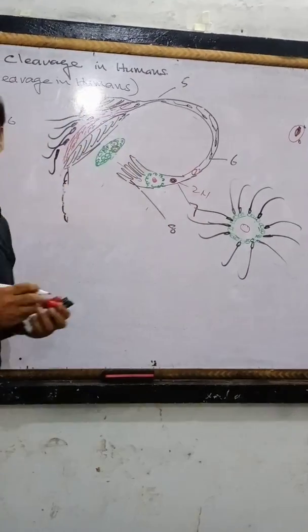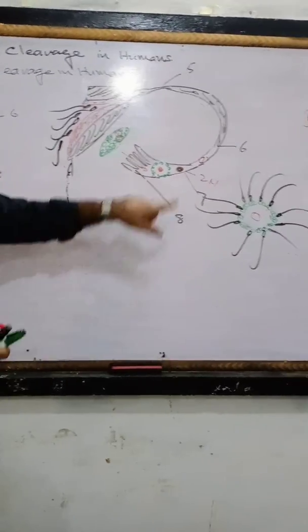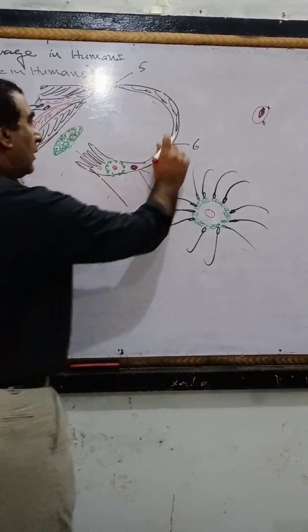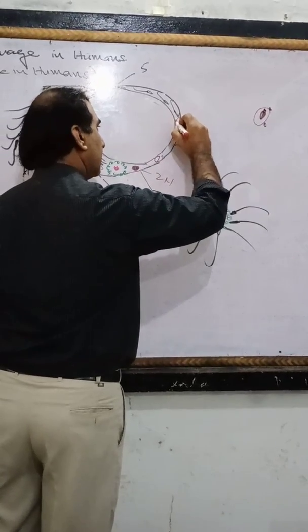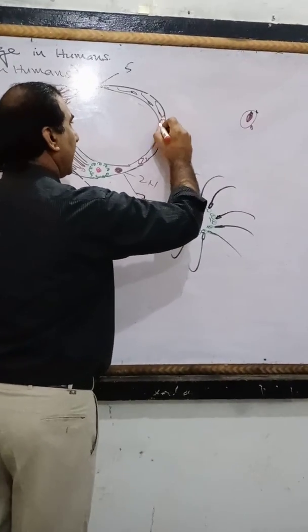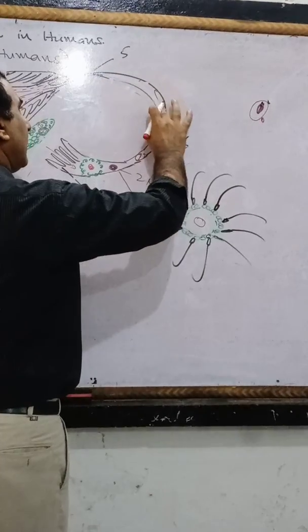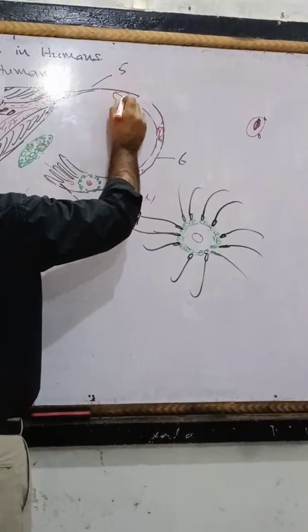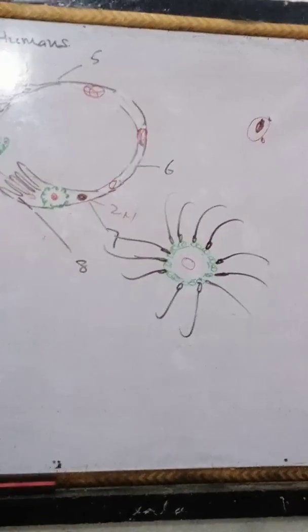The first cleavage occurs here in the oviduct, and then the second cleavage would be like this, and the third cleavage like this. Taken?